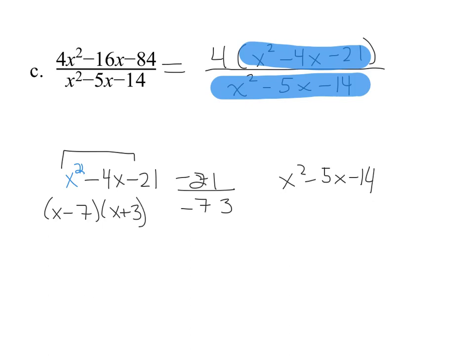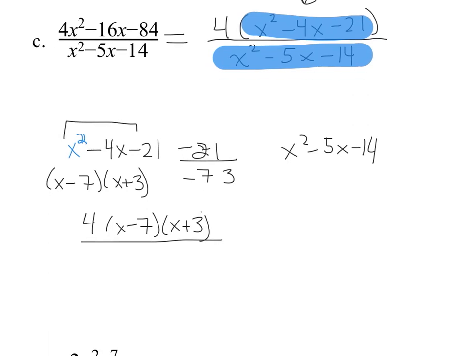Now we'll put it back in the context of the regular problem here in a second. But this guy on top now is 4 times x minus 7 times x plus 3. And that's just this whole top here that I've now factored. And now I'll look at the second one that we're looking at.